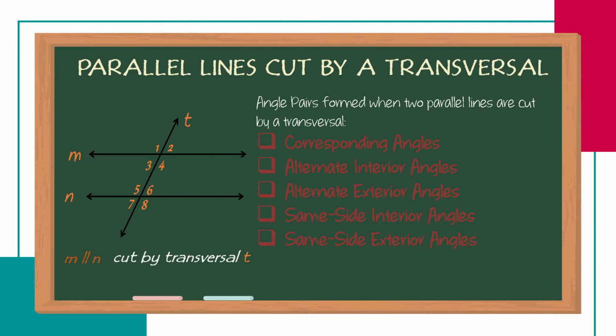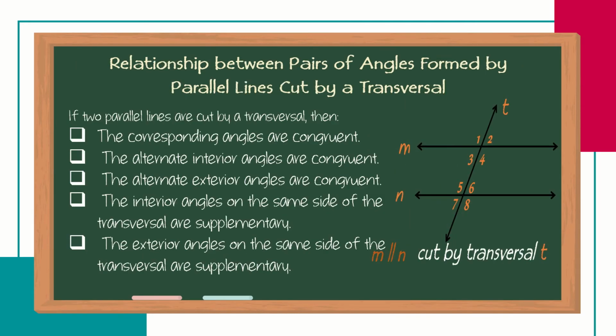And we also discussed that if two lines are cut by a transversal, then the two lines are parallel if the corresponding angles are congruent, the alternate interior angles are congruent, the alternate exterior angles are congruent, the interior angles on the same side of the transversal are supplementary, and the exterior angles on the same side of the transversal are also supplementary.